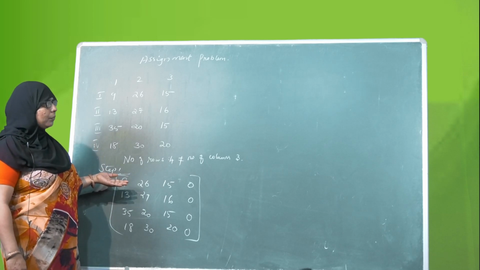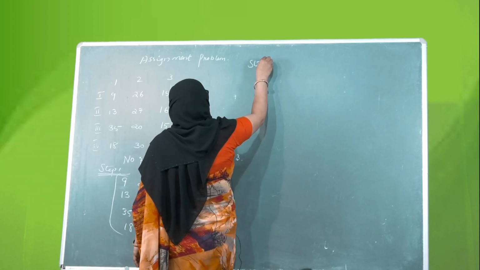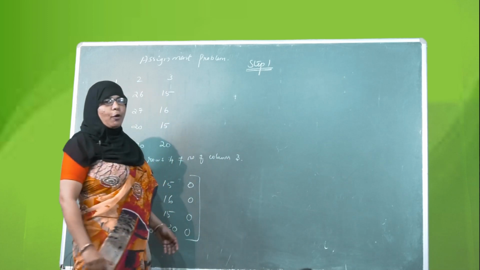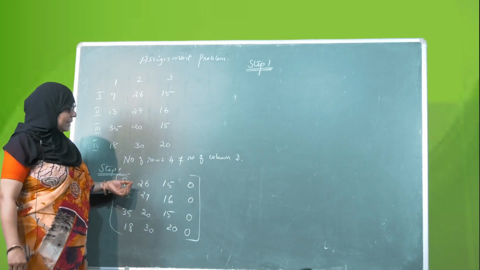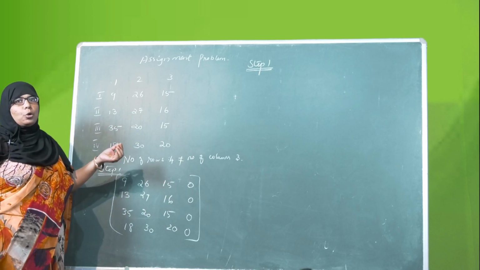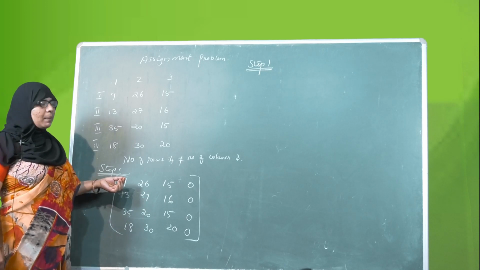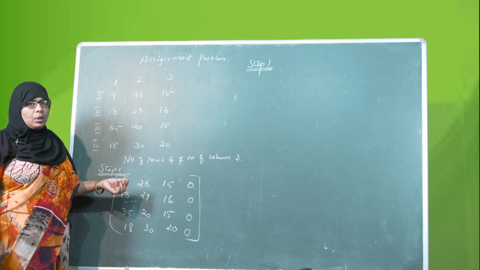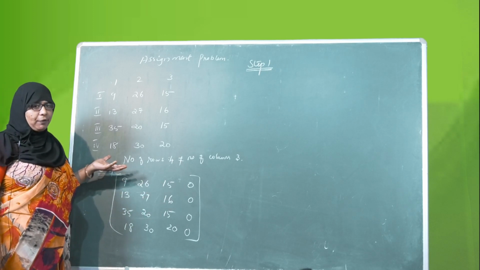So step 2. What are the rules we followed in the previous problem? You have to select the minimum element in each row and subtract it from all the elements in that row. Okay, what is the minimum element in first row? Obviously and definitely 0 is the minimum element in the first row.